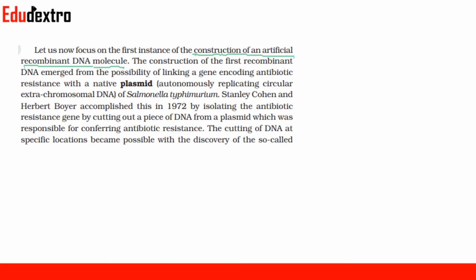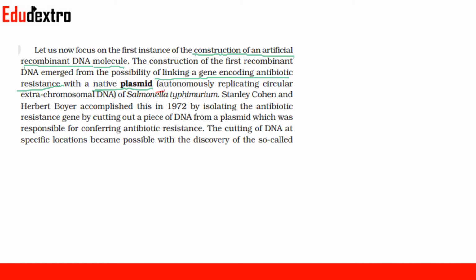The construction of the first rDNA emerged from the possibility of linking a gene encoding antibiotic resistance with a native plasmid. Now what is a plasmid? The plasmid concept is very important.